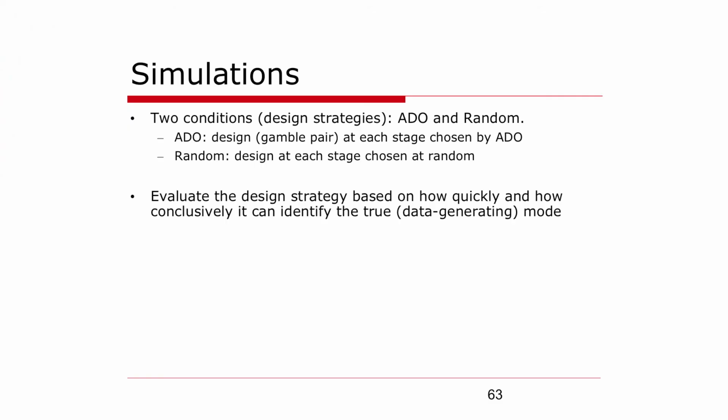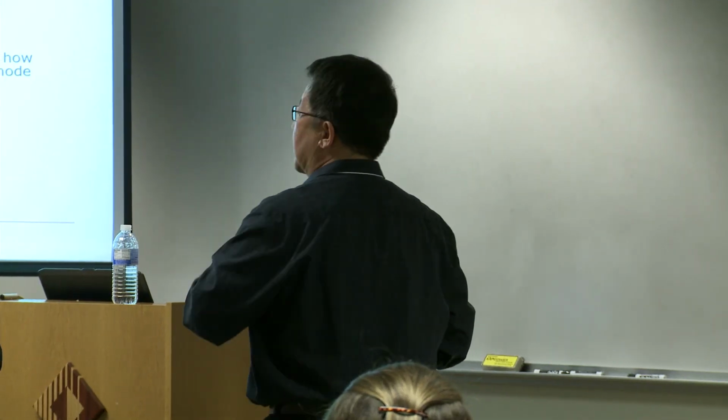We're going to have two conditions. These are computer simulations, so we're going to pick the gamble pair among these 81 according to ADO. And as a control, we're going to have random trials. So instead of optimizing a particular gamble pair on each trial, we're just going to randomly pick 2 out of 81, and again compare the performance.